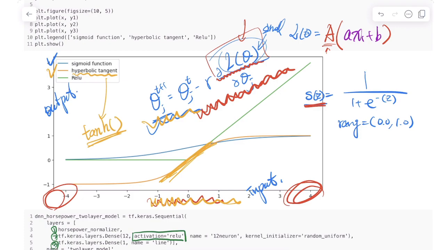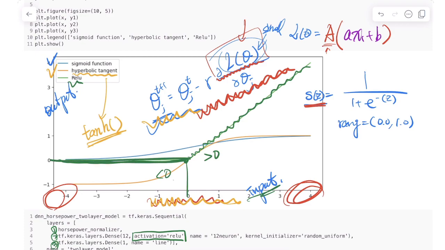The next one is the green one, which is called ReLU. If the input value is larger than 0, it will simply output the same value. If your input value is less than 0, you simply output 0.